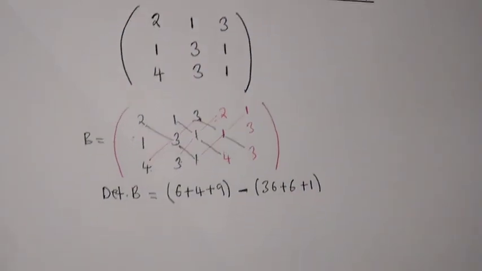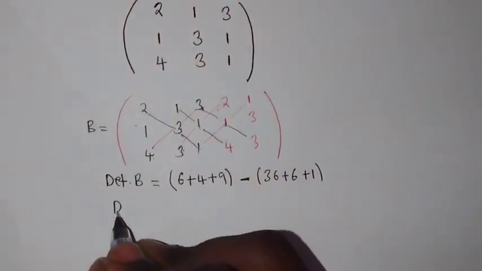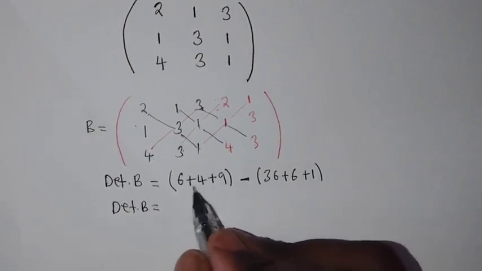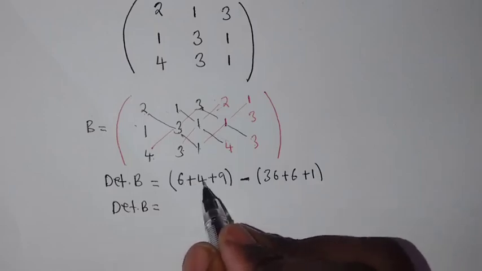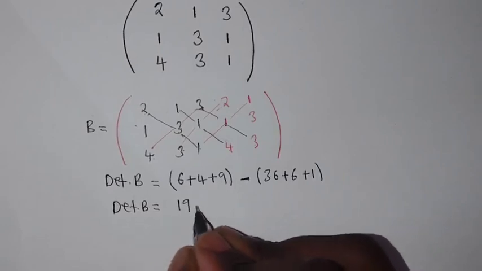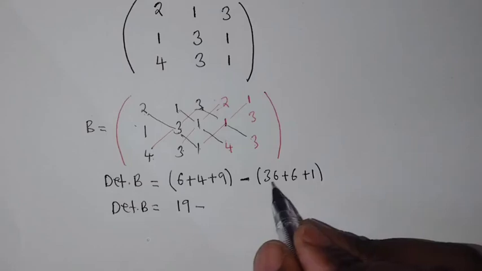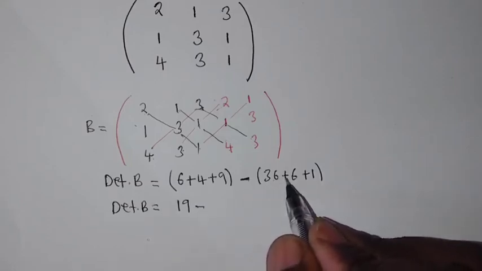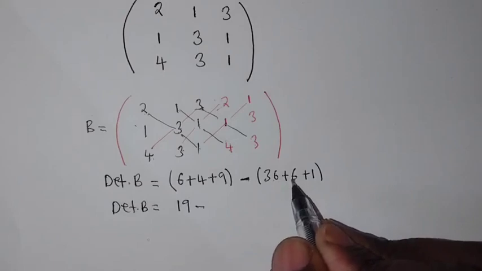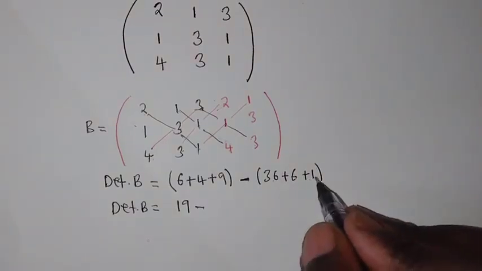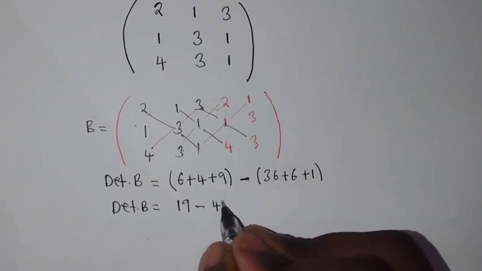Okay. After doing this, we are going to write determinant of matrix B is equal to, let us just add these values. So 6 plus 4, it's a 10. 10 plus 9, we get 19. Take away. Here we have a minus here, minus 36 plus 6. Okay, 36 plus 6, we are going to get 42. 42 plus 1, 43.